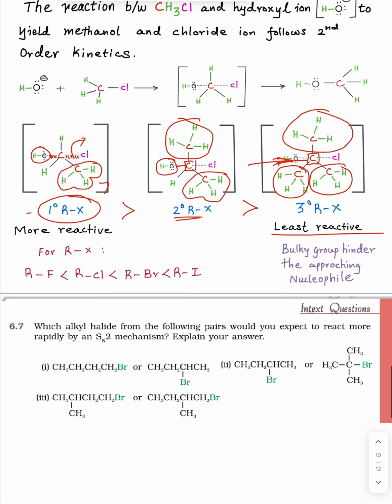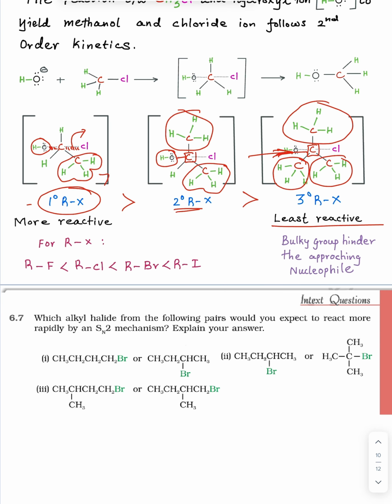Commonly, if the substrate is the same alkyl halide, alkyl fluoride is less reactive than alkyl chloride, alkyl bromide and alkyl iodide. The reason is that iodine has the largest atomic size. The leaving of the halide is easier with a larger atomic size.